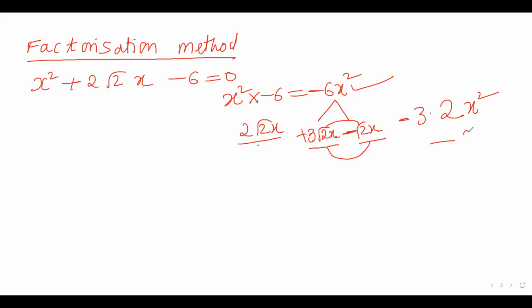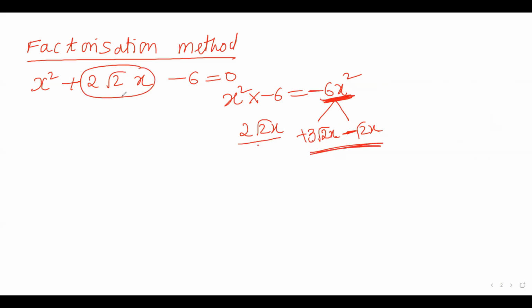So we get minus 6x square on multiplying. So the condition is satisfied. On multiplication, we are getting this one. On addition or subtracting, we are getting this one.